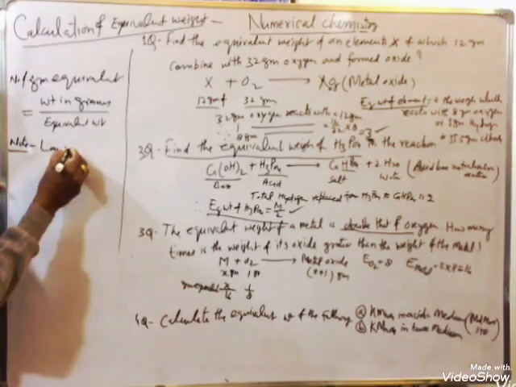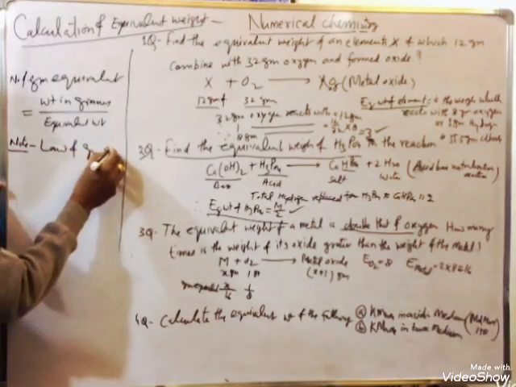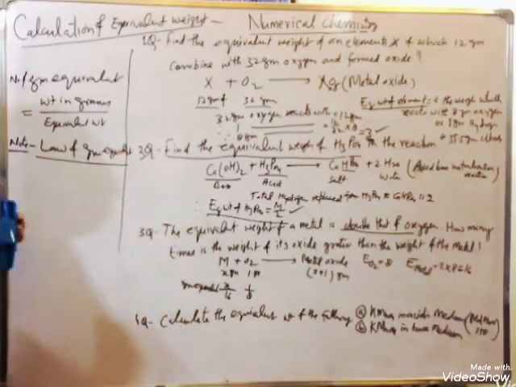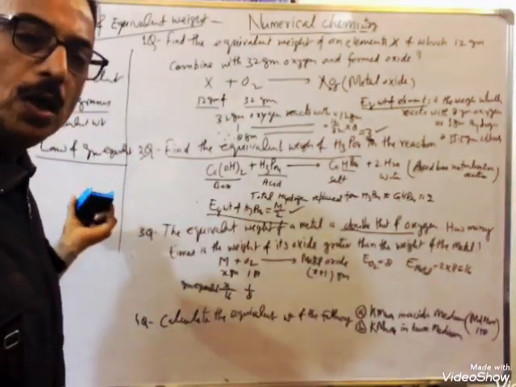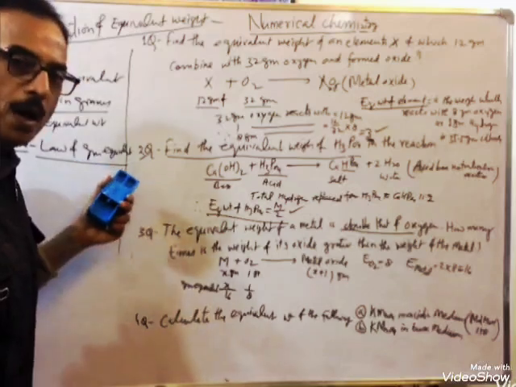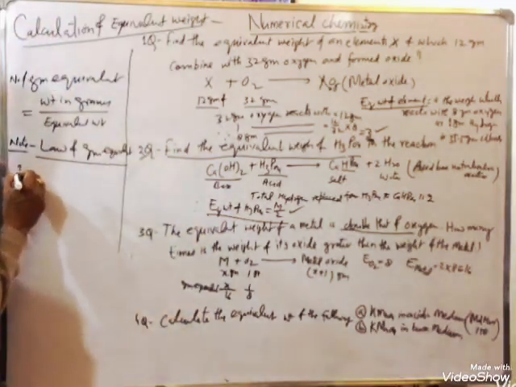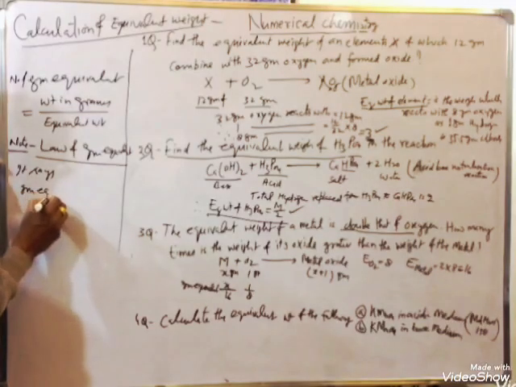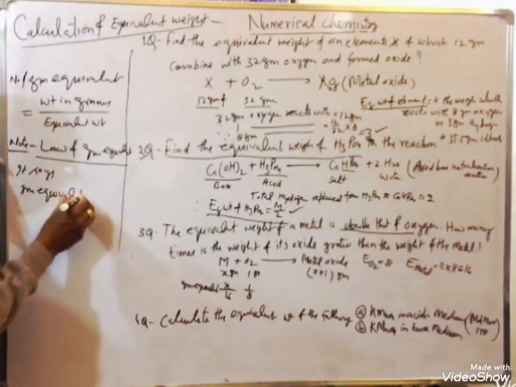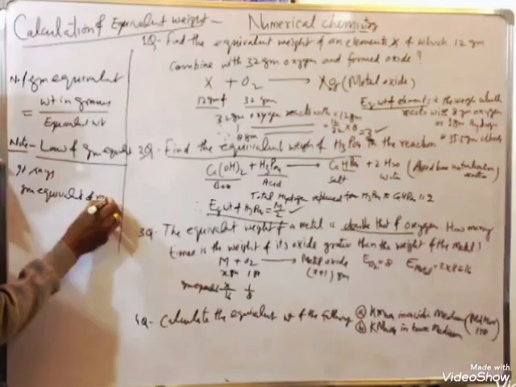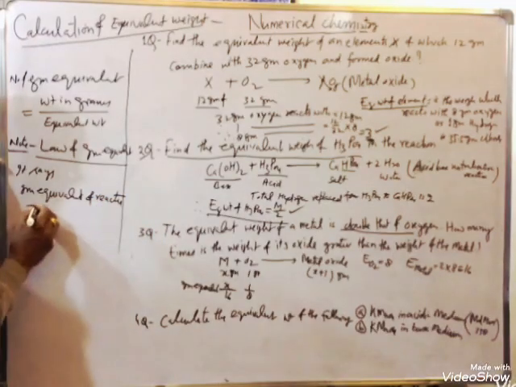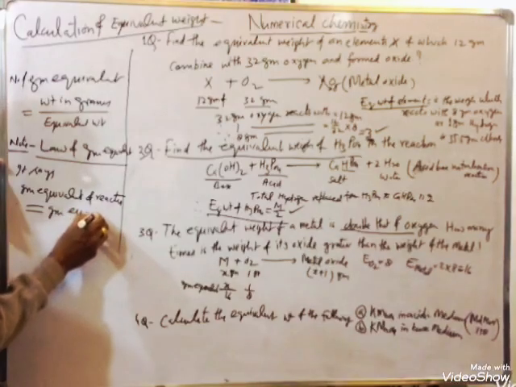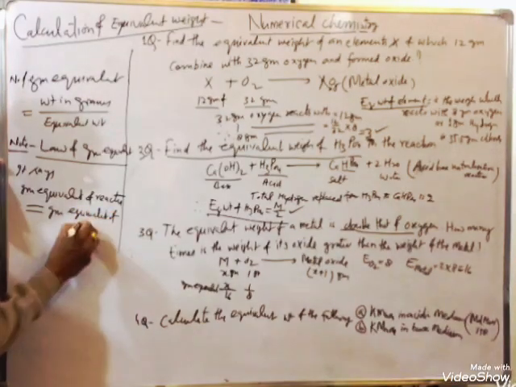So here you also note down the law of gram equivalent. This is very important. It is also called the equivalence law. What does the law of gram equivalence say? The gram equivalent of reactants is always equal to the gram equivalent of product.